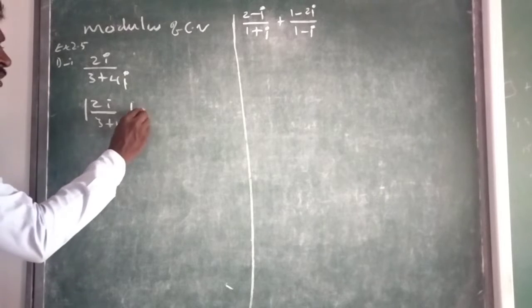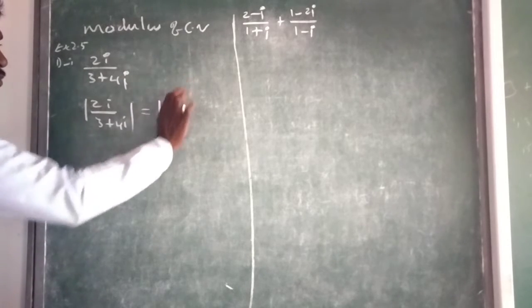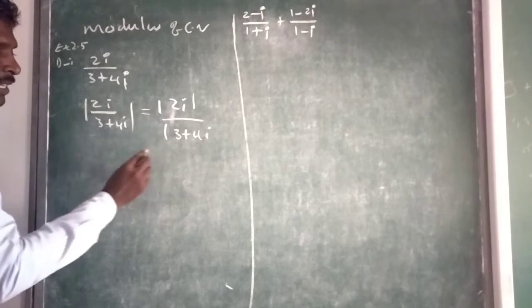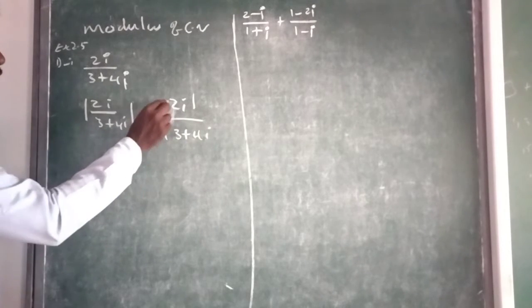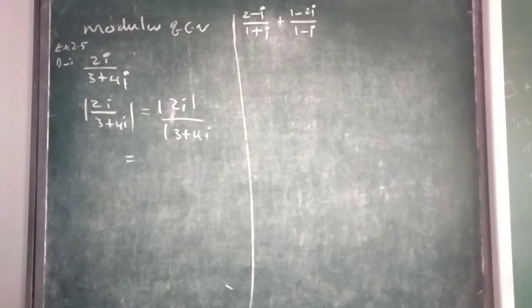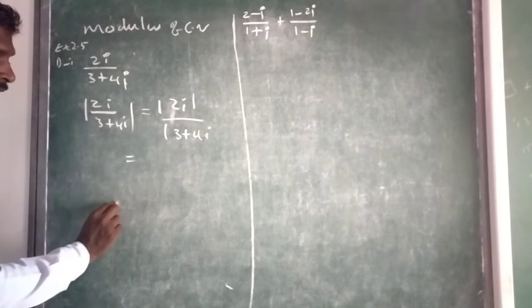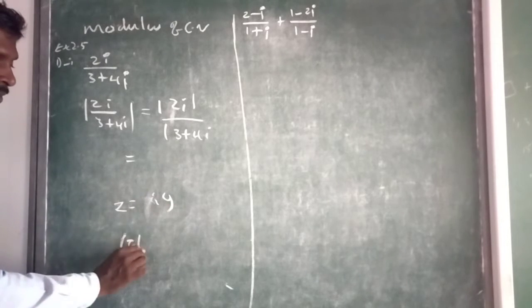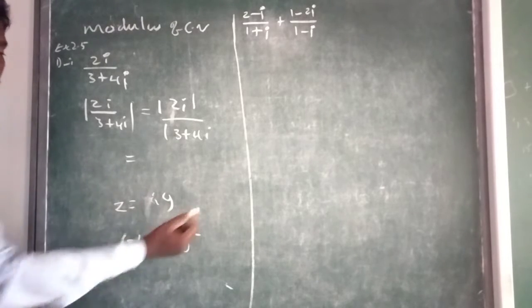So you are going to take the modulus for the numerator 2i divided by the modulus of 3 plus 4i. Now in the numerator there is no real value, we have only the imaginary value. So for example z equal to only iy, then the modulus of z equals just the square root of y squared.